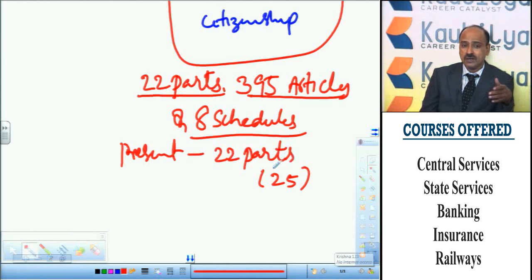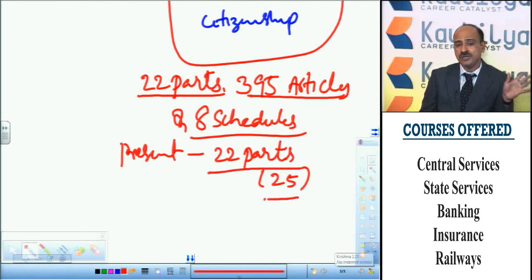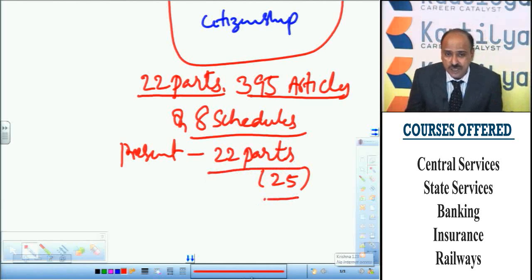We can add subparts or subarticles only, but we can't add new parts. The 23rd part is not available in our constitution. We only added subparts like part 4A, part 9A, part 9B. This is not important, but this is very important: the 22 parts are the basic structure, and Parliament has no power to change the basic structure of the constitution.